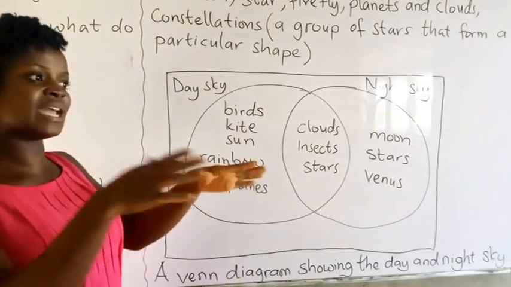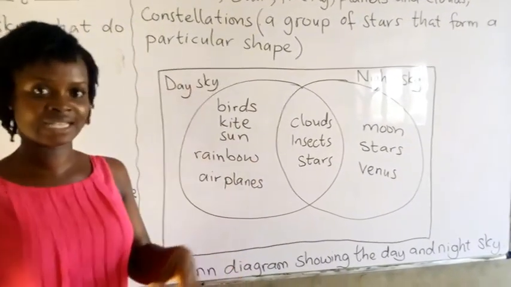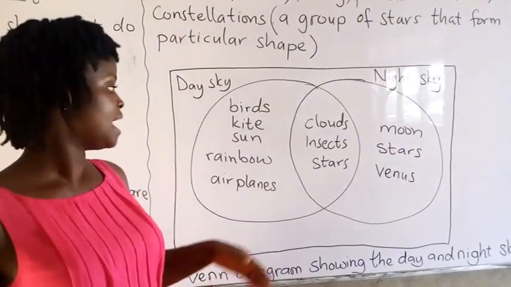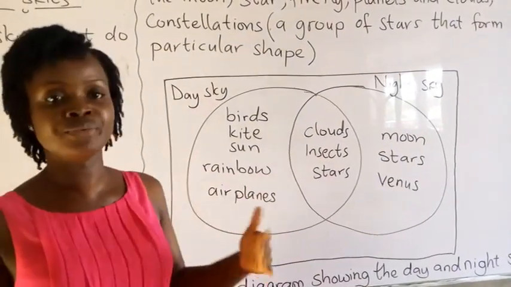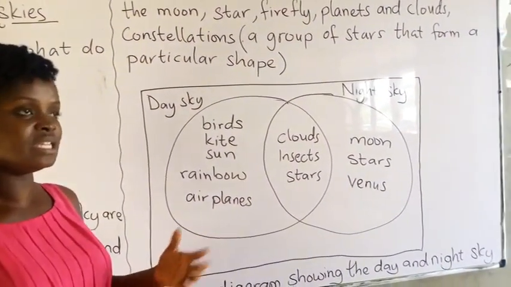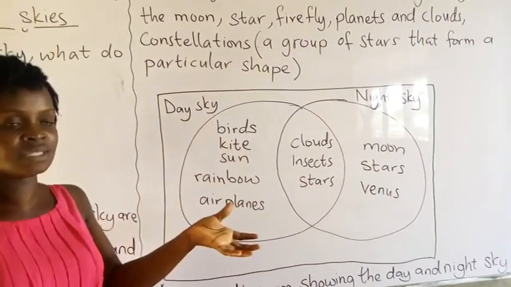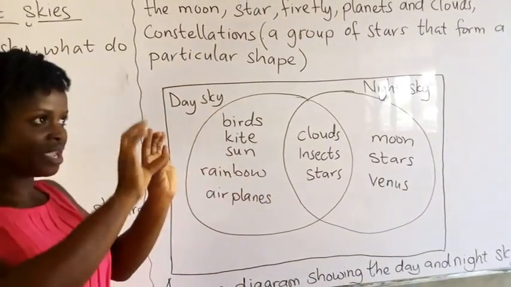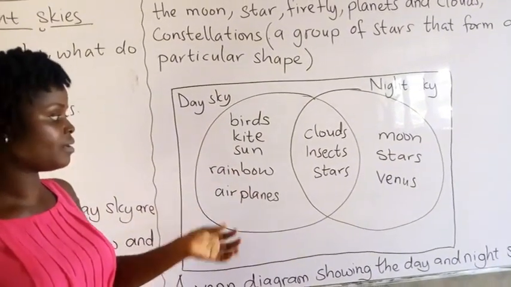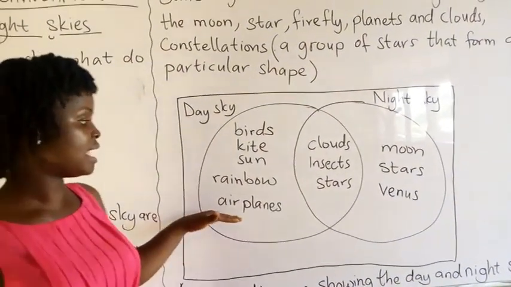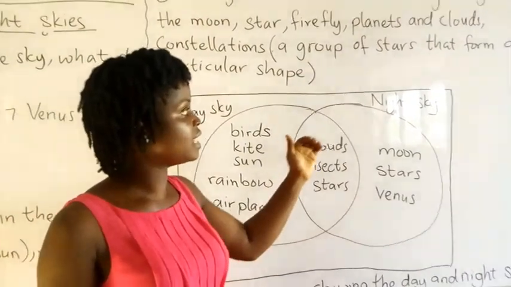When the air blows, it moves in the sky, and kids love it a lot. And then we have rainbow. When it rains heavily, sometimes you see a very colorful circular or semicircle wave in the sky. That's the rainbow. And then airplanes. And then we have the night sky.